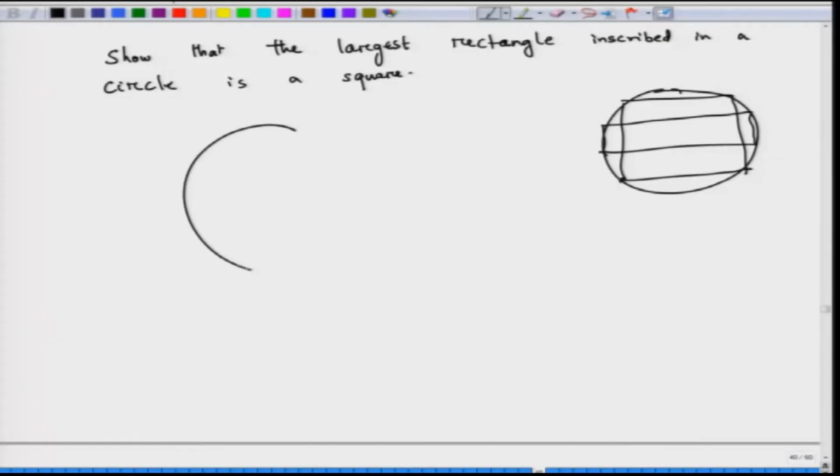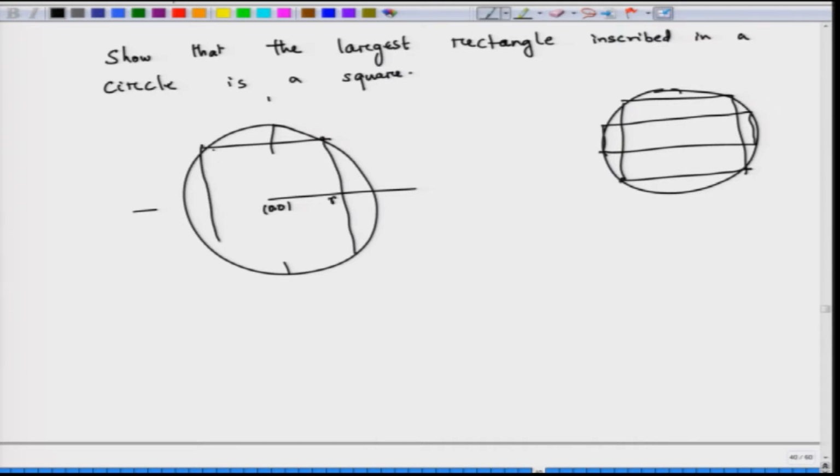So, now let us take the circle. We can take the circle centered at 0, the origin, and radius r. Now, you take a rectangle. Let us call this point x, y.